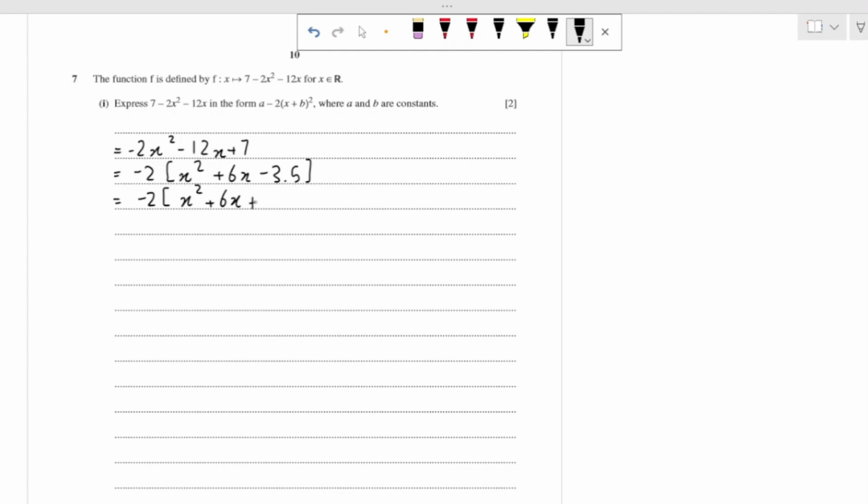So 3 squared, one time added, and then 3 square, one time subtracted, minus 3.5 as it is. And then in the next step, we can combine and write x plus 3.